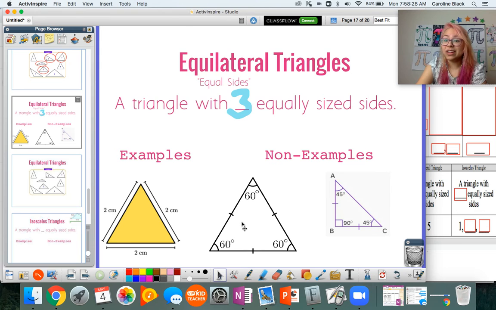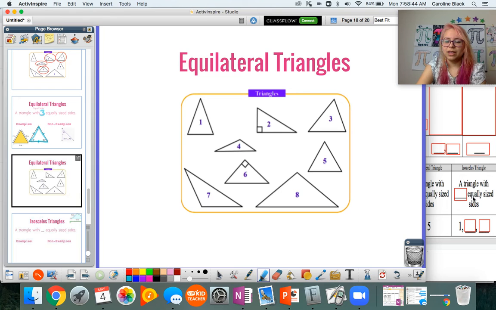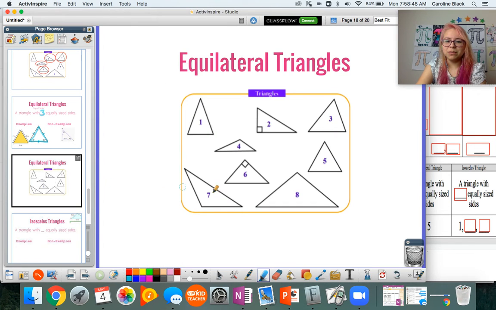But this one has all 3 of those tick marks saying that all of these sides are equal to each other. So this is an equilateral triangle. And they give us this one. They say number 5 is an equilateral triangle. It's also equiangular.